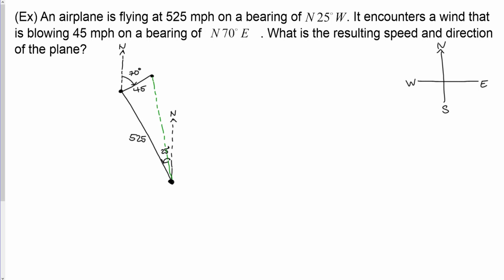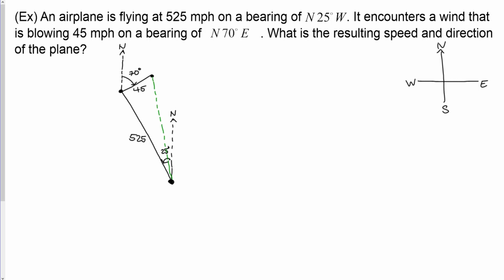Now, most of the time, these types of problems come down to finding the angle measures using transversals of parallel lines. So let's see what we need to do in order to solve this problem.